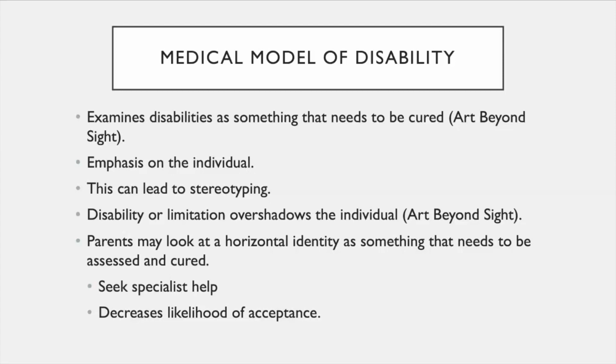They may seek specialist help and use medications or different therapies to help limit the effects of the disability. The overall likelihood of a parent accepting the horizontal identity decreases because this emphasizes the idea that something is wrong and needs to be fixed, especially since the parent is not familiar with what life may look like for their child with a disability.